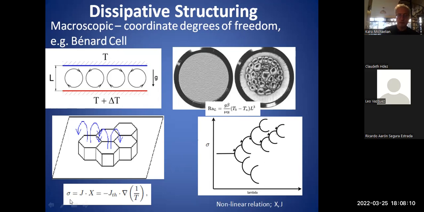This we'll see from Prigozhin's book. So that corresponds to the flow of heat and minus the gradient of 1 over the temperature. It's really 1 over T1 minus 1 over T2 in the case of a discrete system. But in the continuous system, it's the gradient of the temperature. So this is the nonlinear regime between flows and forces when we have this structure.